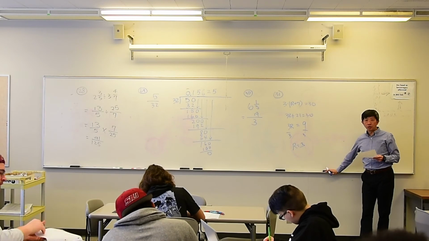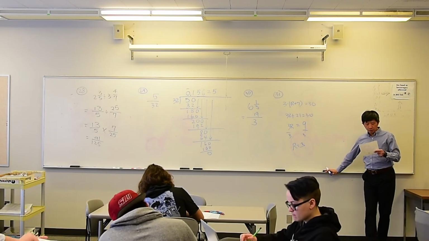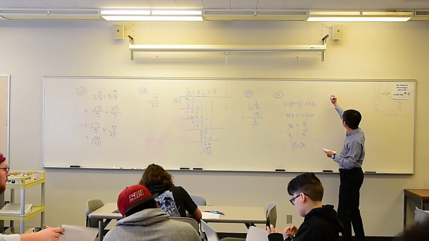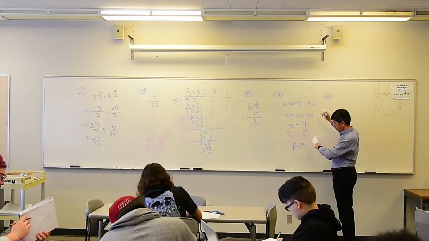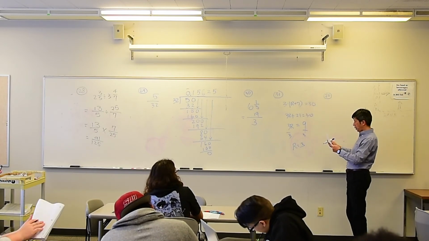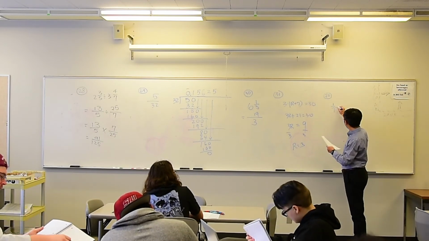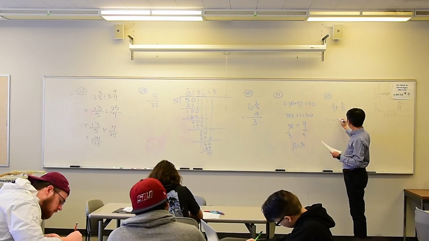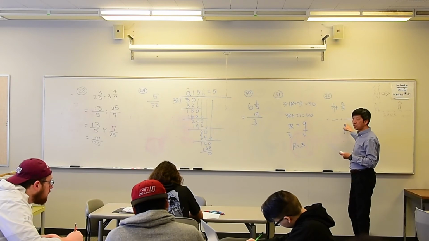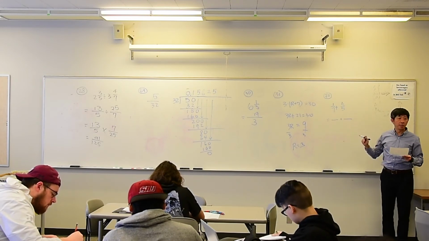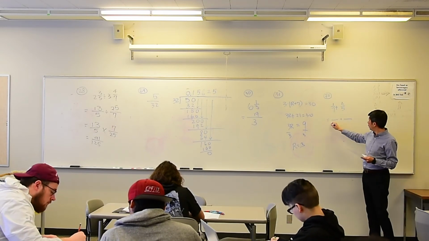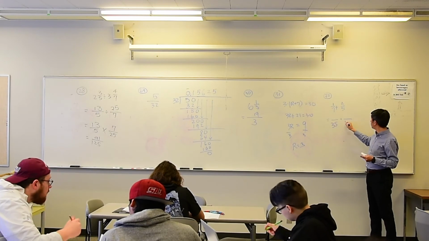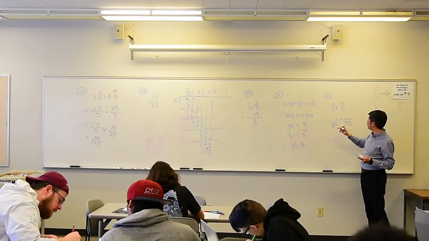All right, now 31. Now 32. 1/7 plus 2/5. Again, we have to change this into what? Common denominator, right? So this would be 35, and this will be 35. 5 times 7, 35, right?